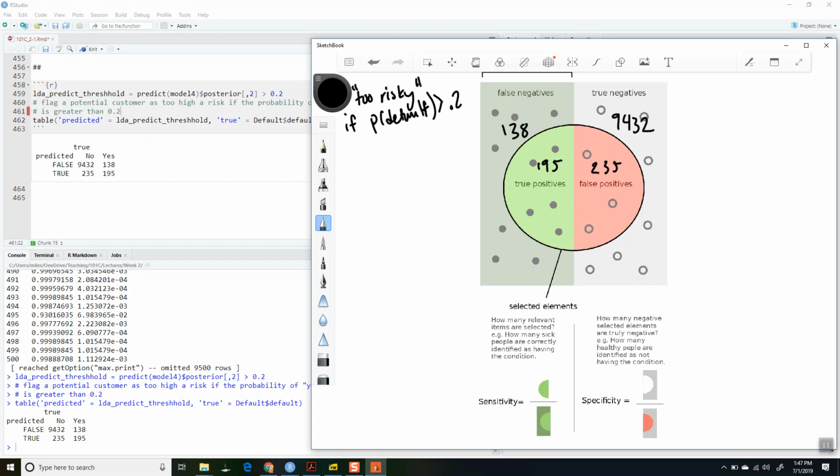Now my sensitivity, this is still 333, and this is still 9667.